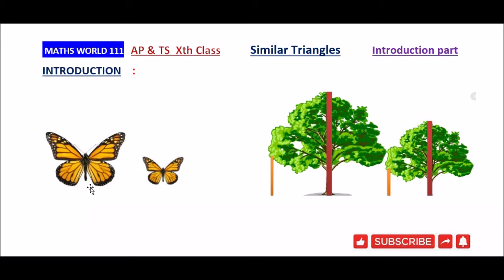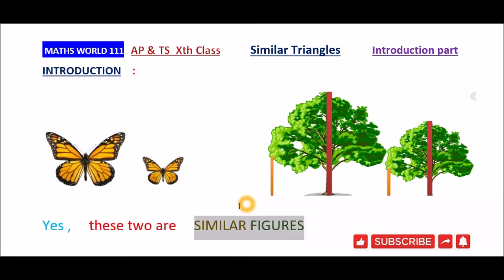So can you say these two butterflies are similar? Can you say these two trees are similar? Yes. What is the reason? Because the shape of two butterflies and the shape of two trees is same. So, these two figures are similar figures.